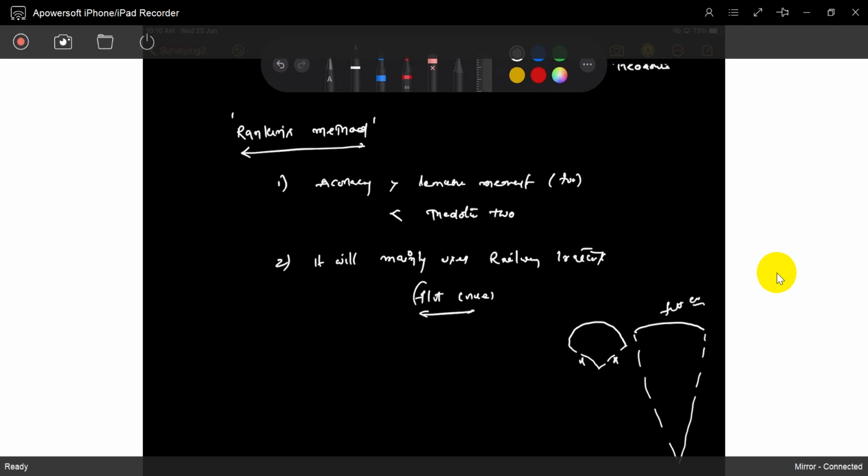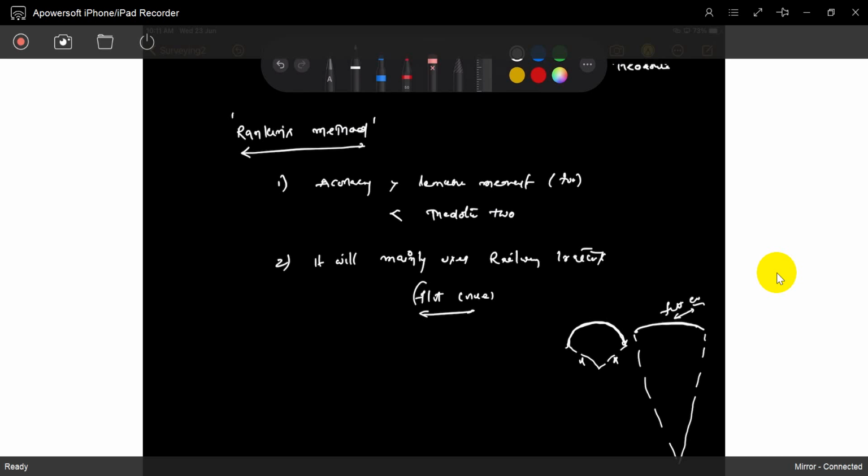Flat curves are used mostly for railway tracks because a rail cannot easily take a sharp turn, so we have to provide a long length at the curve. In buses, autos or bikes, you can easily use a bulk curve. In railway tracks, we have to use flat curves.